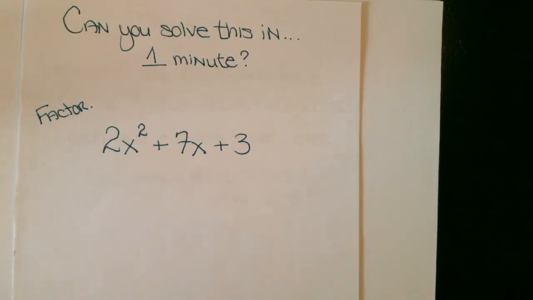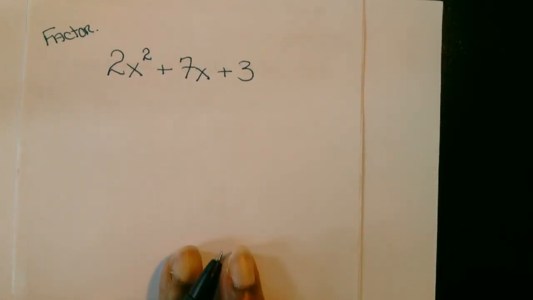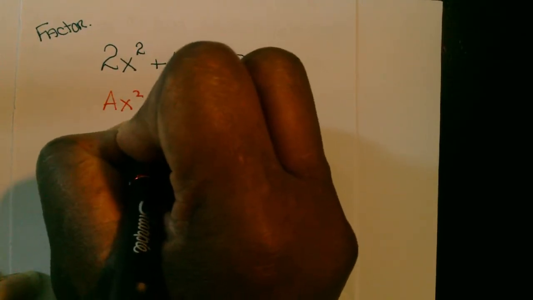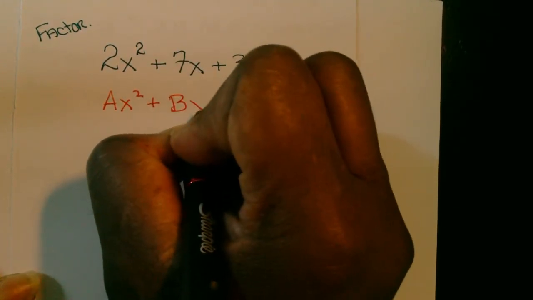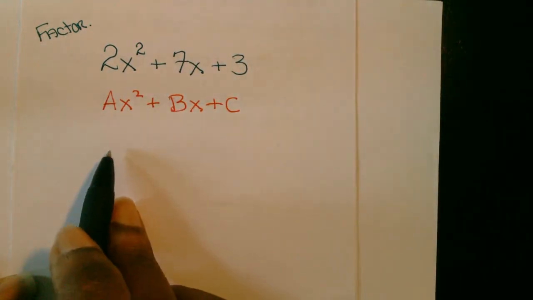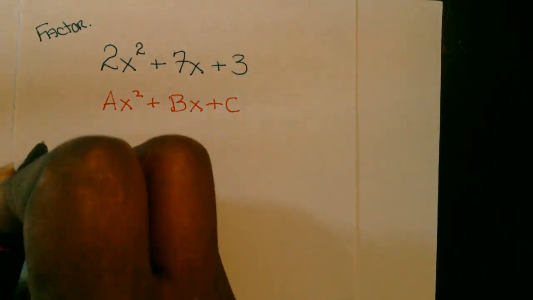Alright, so this is factoring. It's part of the algebra family. Right now it's in what's called standard form. Standard form goes ax squared plus bx plus c. Our a is just a 2.